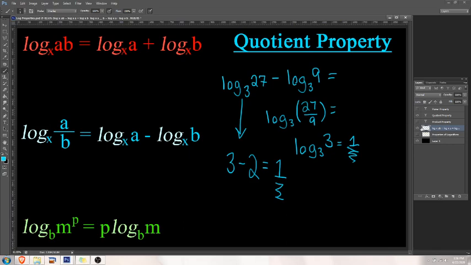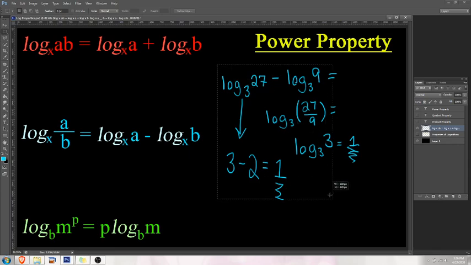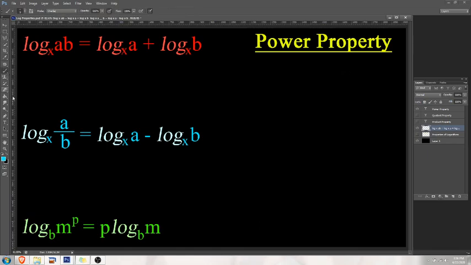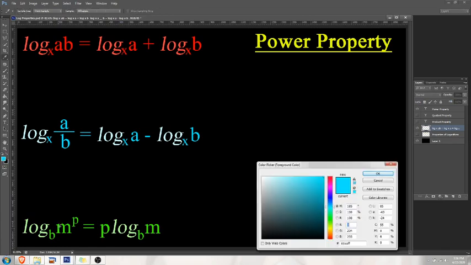But let's move on. I don't want this video to be too long, so let's look at the power property. All over the place here. I'm going to use green here for our power property.